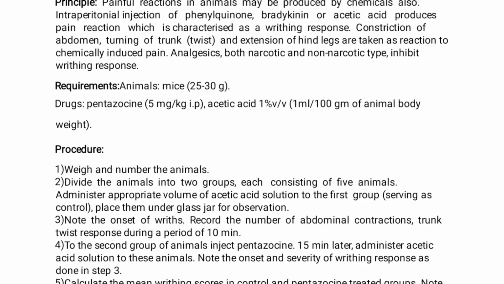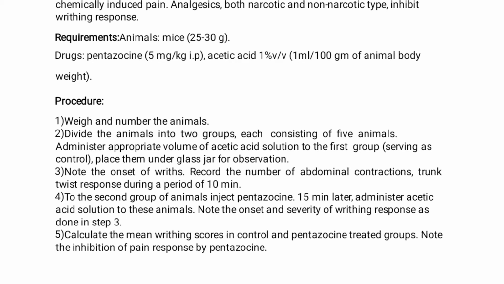We have to take two groups of mice, either rat or mice. We give acetic acid 1% weight by volume, and we record the writhing response for 10 minutes. We compare the test group treated with pentazocine with the control group, and 15 minutes later the acetic acid will be given.